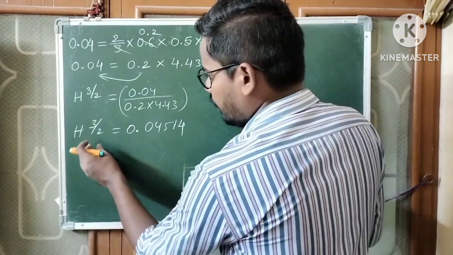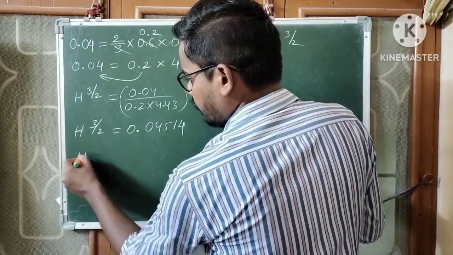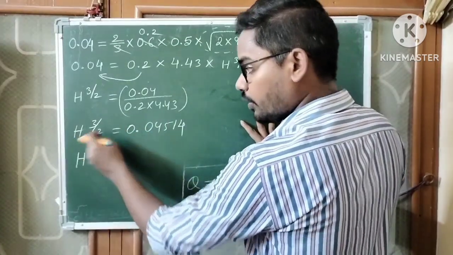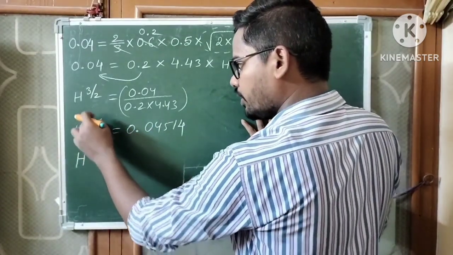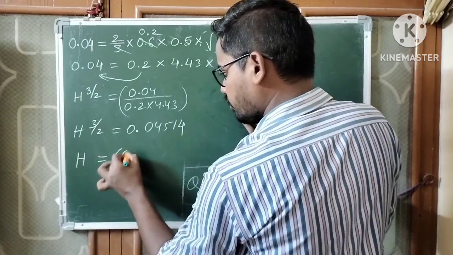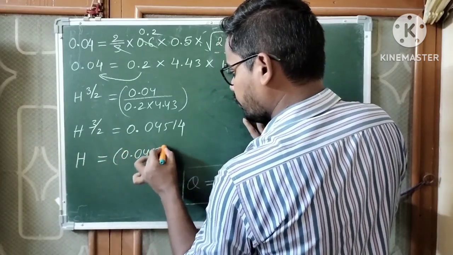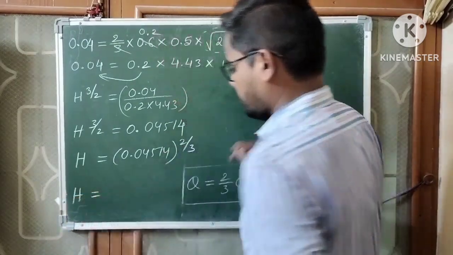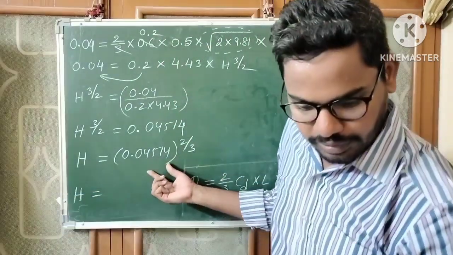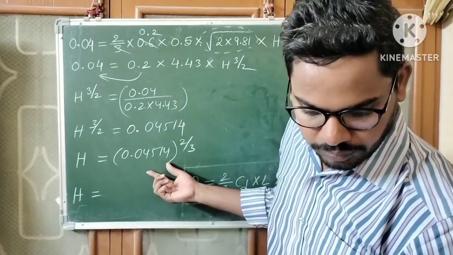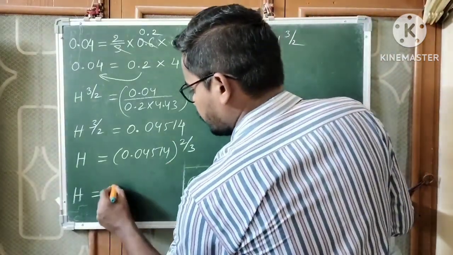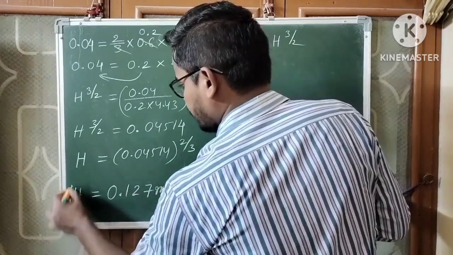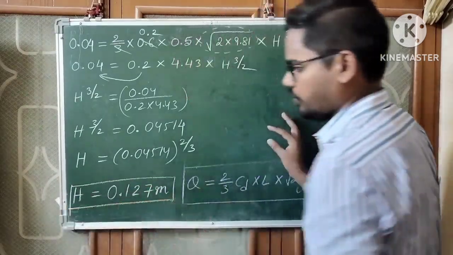We need only the H value, so apply power 2 by 3 on both sides. 3 by 2 and 2 by 3 get cancelled. H is equal to 0.04514 whole power 2 by 3. The value of this expression is approximately 0.127 meters. This is the head over the rectangular notch.